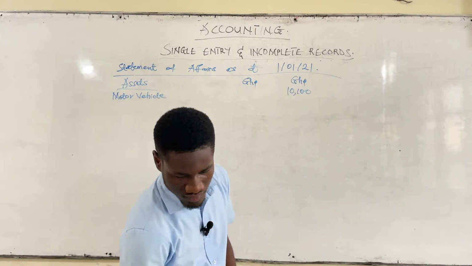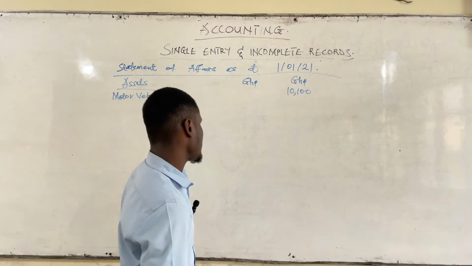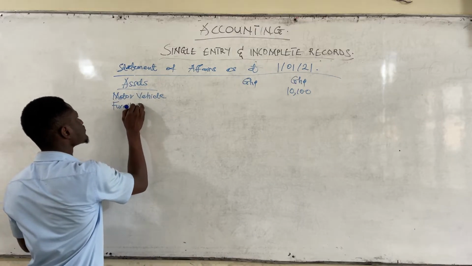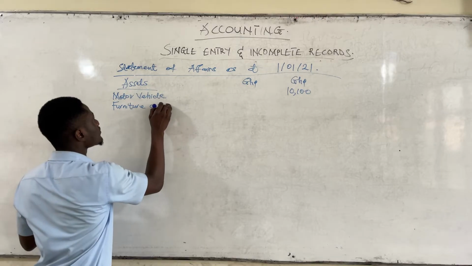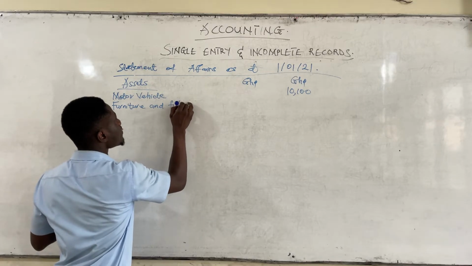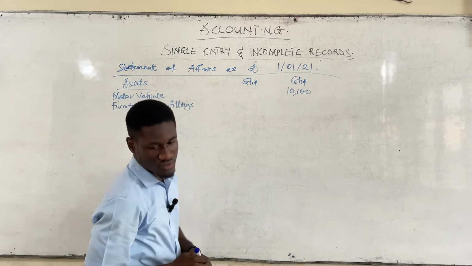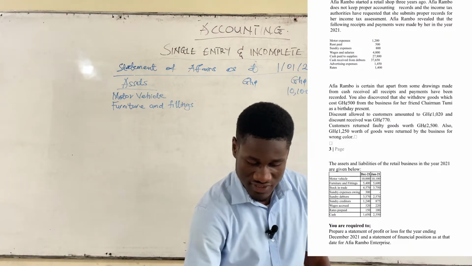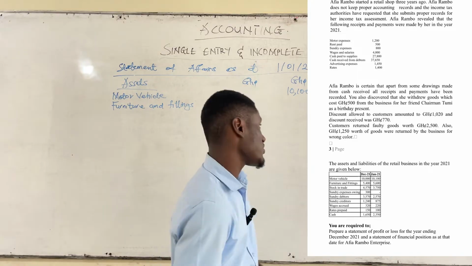Also, we have furniture and fittings, we are listing our opening balances. So the furniture and fittings is 5,600.